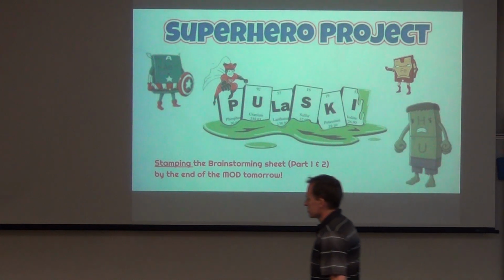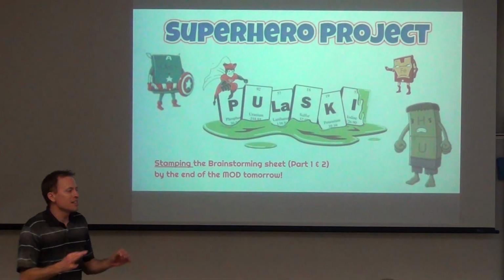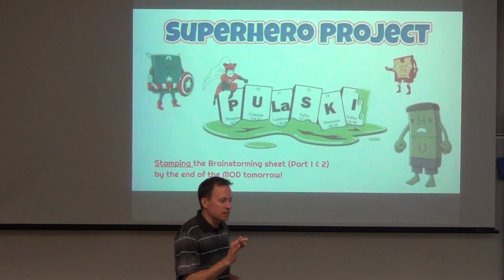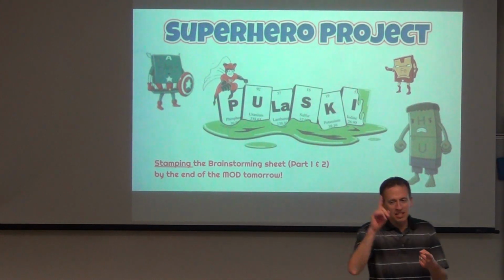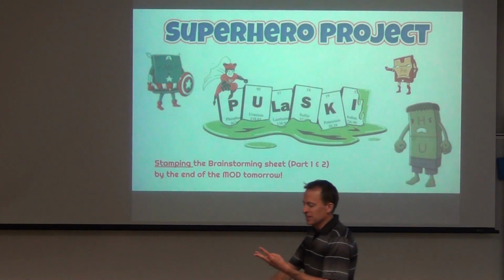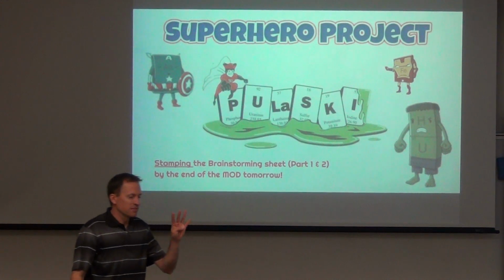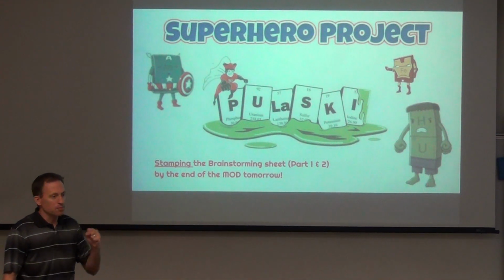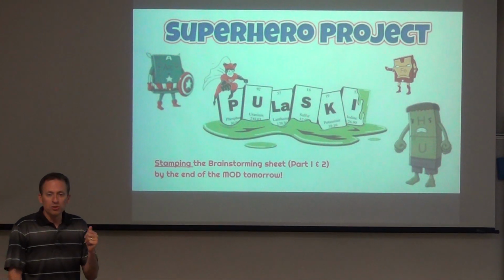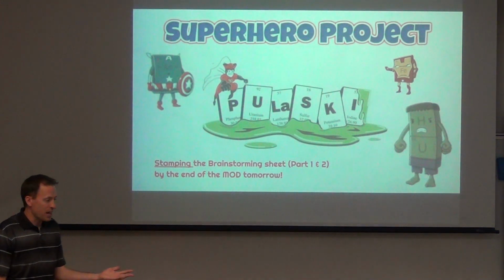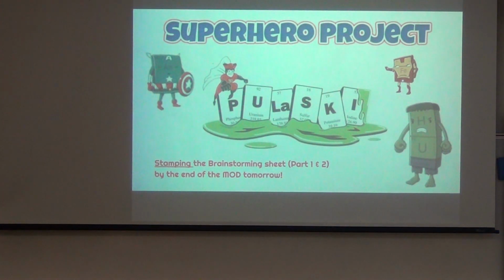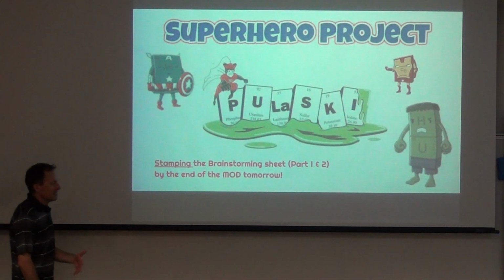So just a reminder, by the end of the mod tomorrow, we are stamping the front page of your packet. So that means hero, sidekick, villains, and the city, I believe. I think that's where it ends. You get a stamp. If you don't get a stamp, you lose points eventually when you hand it in. So that would be good to have that done. Obviously, you can be further than that.